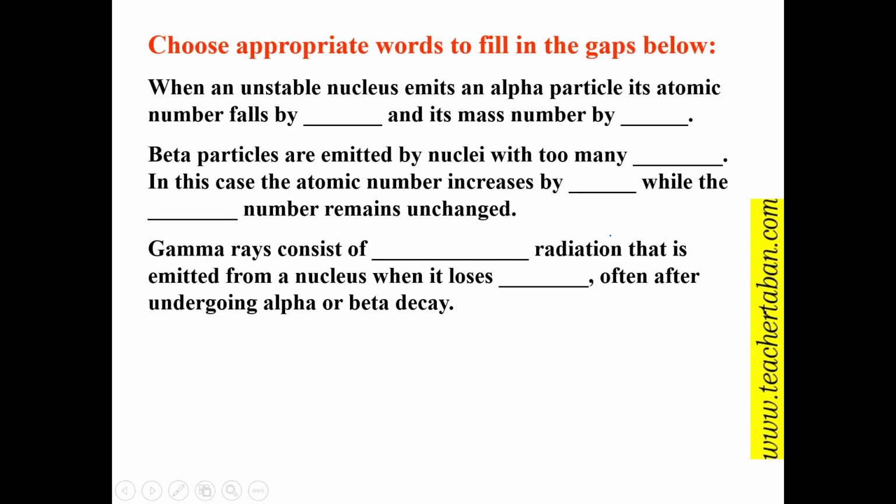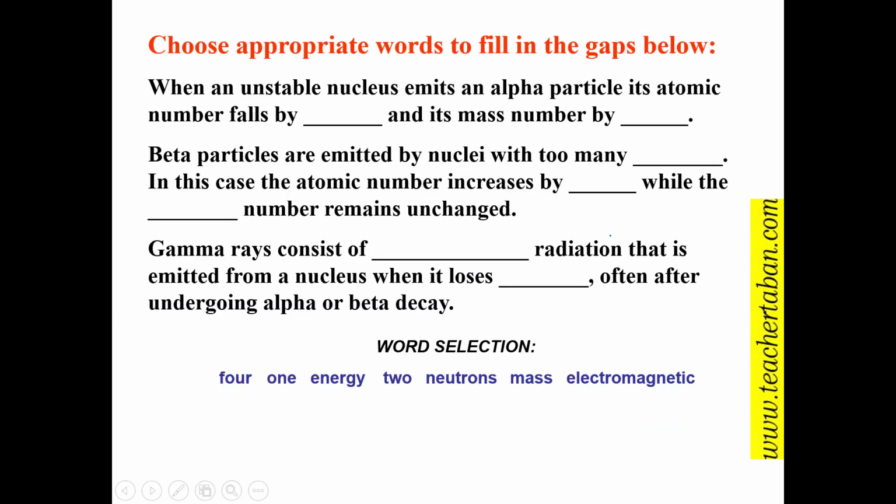Lastly, let's try to fill up these spaces by using any of those words there. So when an unstable nucleus emits an alpha particle, its atomic number falls by, what do you think? Yes, by 2, that is correct. And its mass number decreases by 4. Then beta particles are emitted by nuclei with too many what? Neutrons.